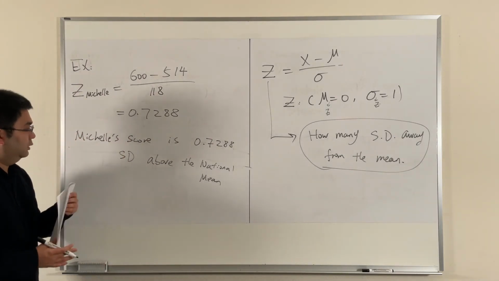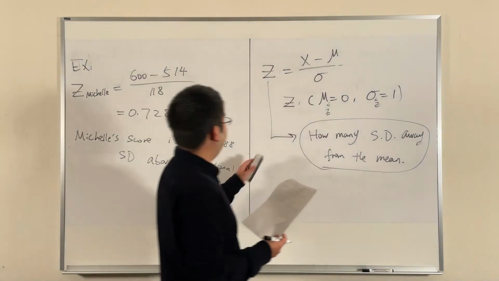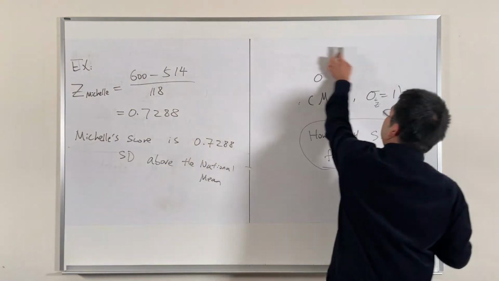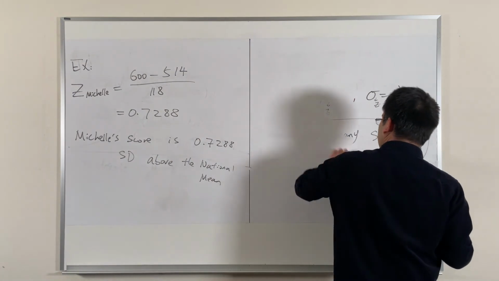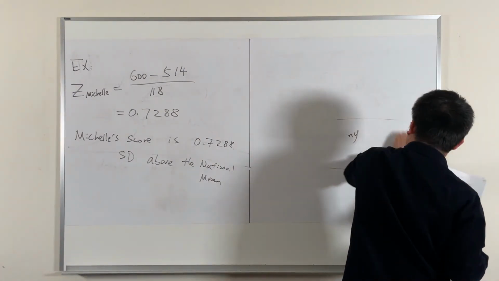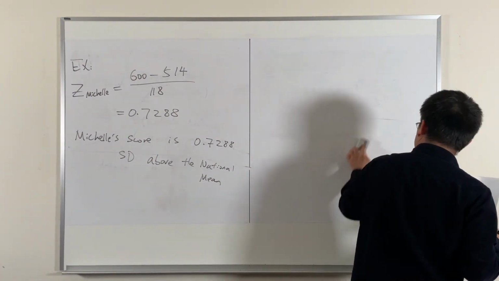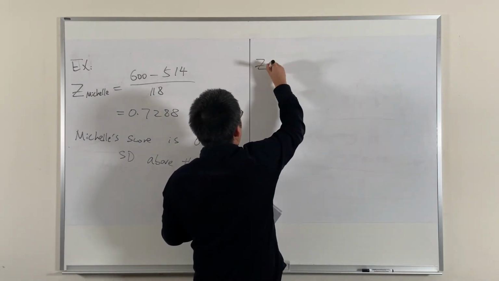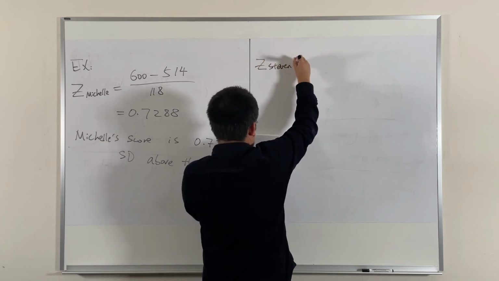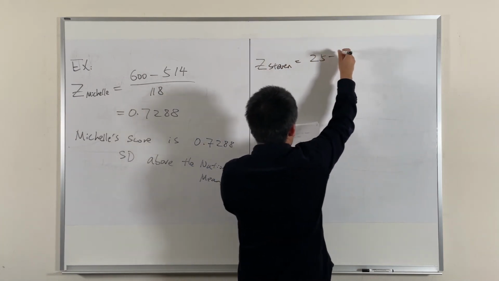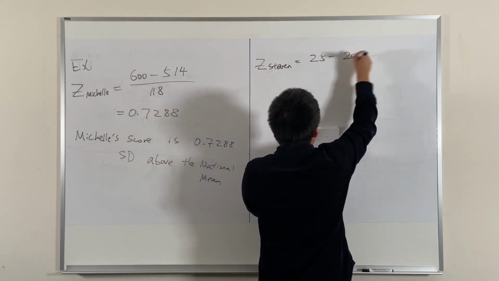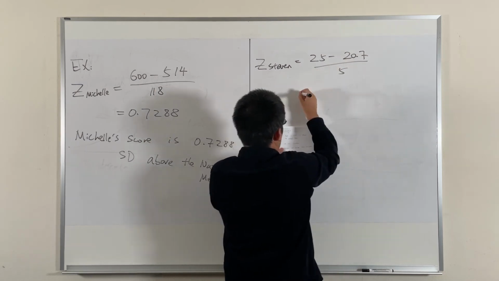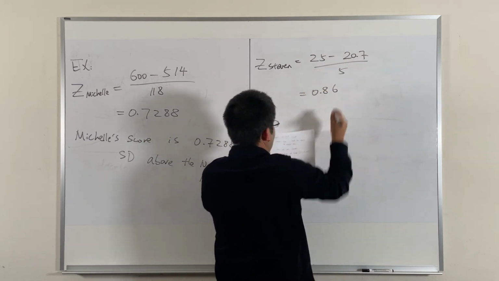Okay, let's look at z Steven. Okay, z Steven equals 25 minus 20.7 divided by 5, that's equal to 0.86.